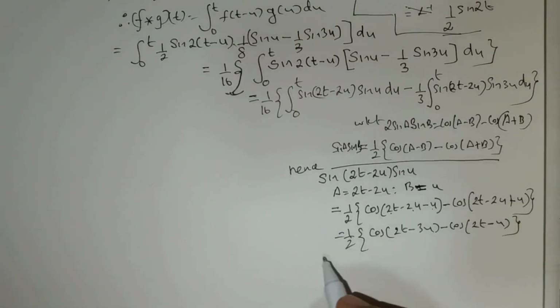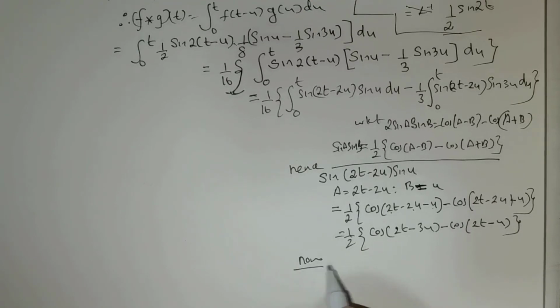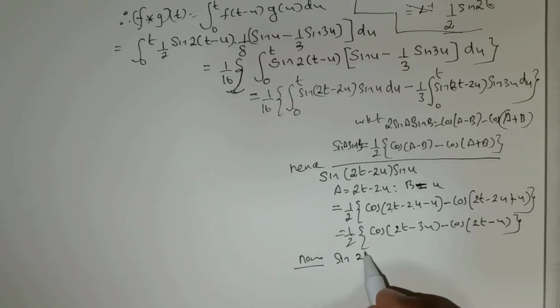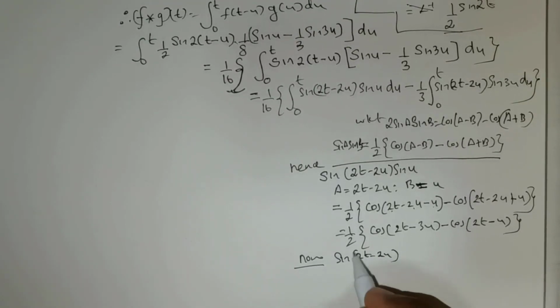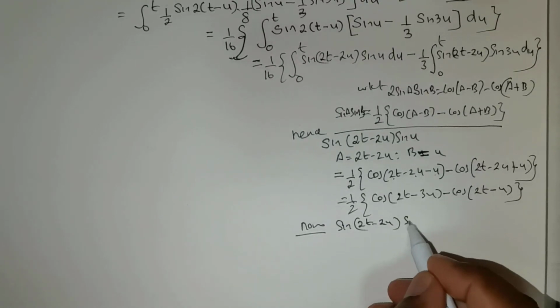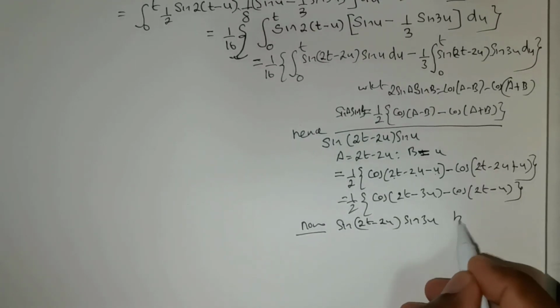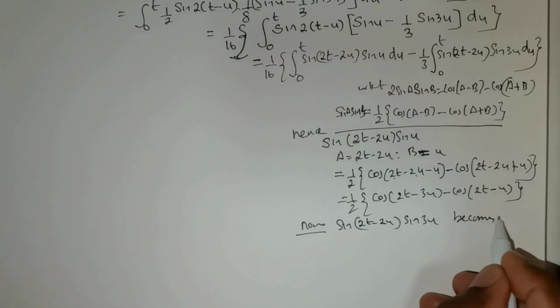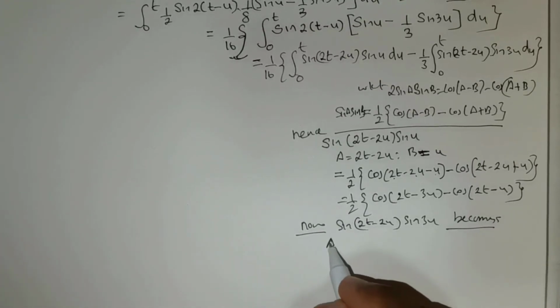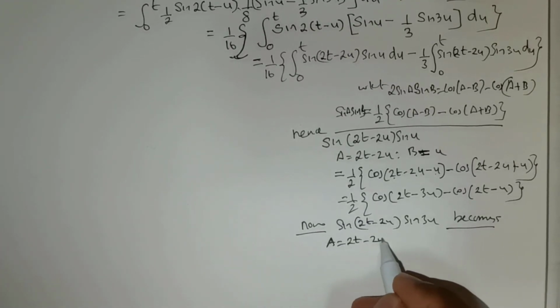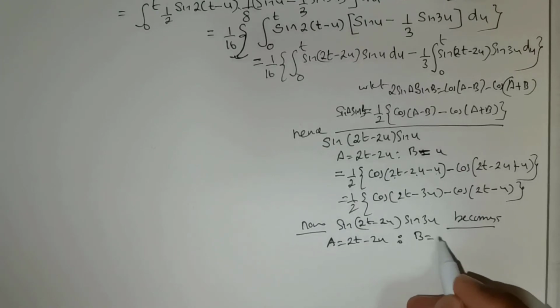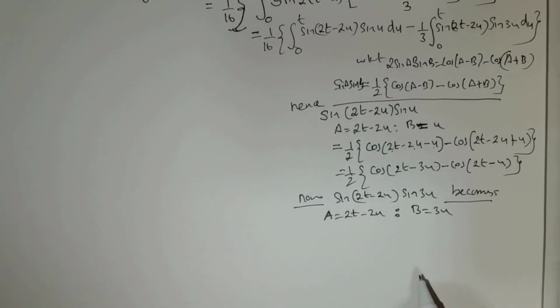So we will now have to use sine of 2t minus 2u times sine of 3u, so we need to know what happens to this. My a is 2t minus 2u and my b is 3u.